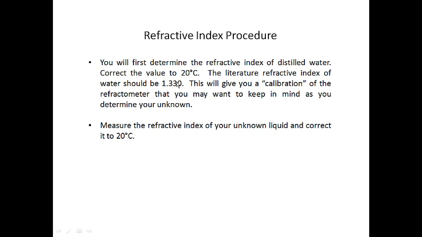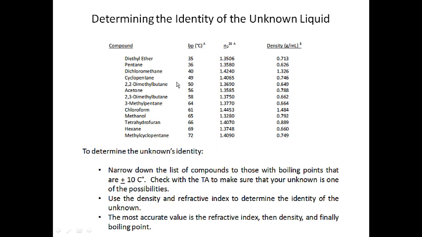So we got 3 pieces of physical property to make the identification of the unknowns. So here's a partial list of unknowns from your handout. Let's say that I got a boiling point of, I don't know, let's call it 60 degrees.